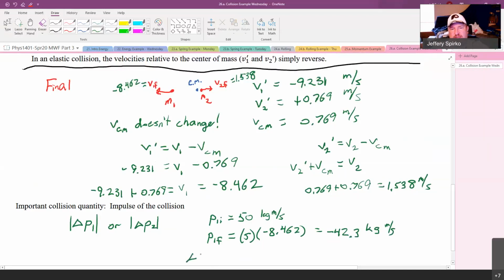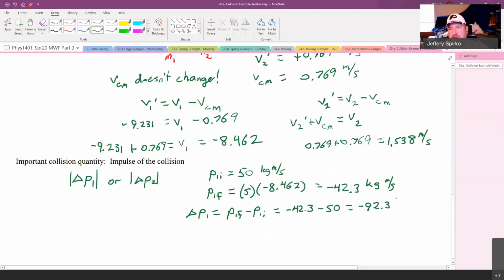So delta P1 is equal to P1 final minus P1 initial, which is negative 42.3 minus 50 equals minus 92.3 kilogram meters per second. So the magnitude of delta P1 is equal to 92.3 kilogram meters per second.